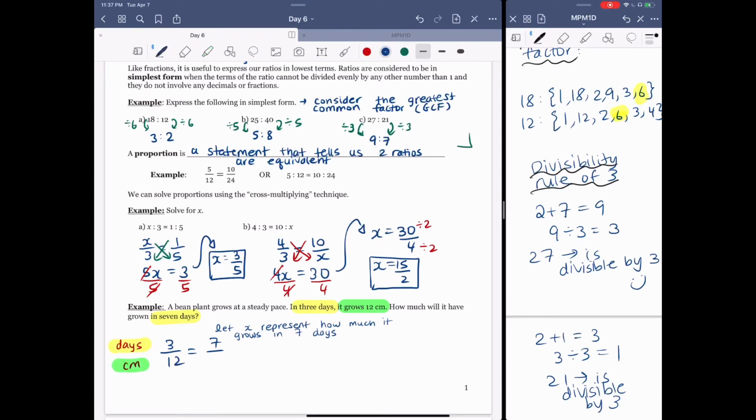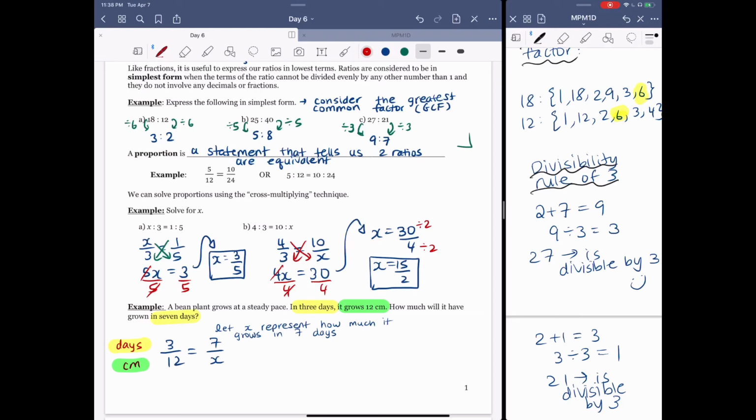Do I know how many centimeters it will grow in 7 days? No, I don't. So I'm going to put that as x.